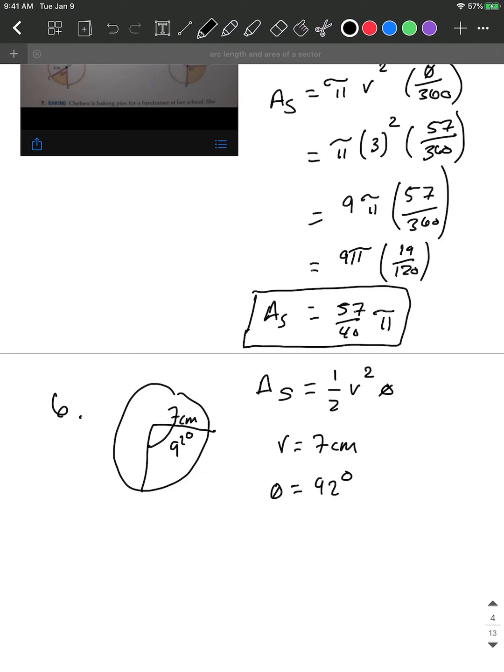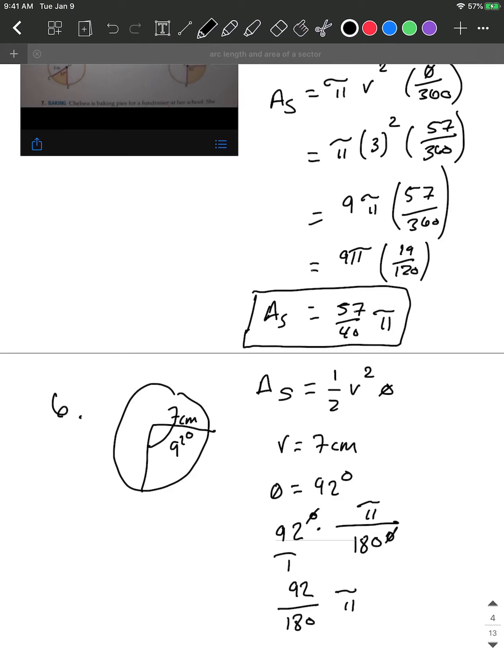In order to convert, we're going to multiply 92 degrees times pi over 180. Using our idea of degrees canceling when they're across from one another, we multiply across and get 92 pi over 180.